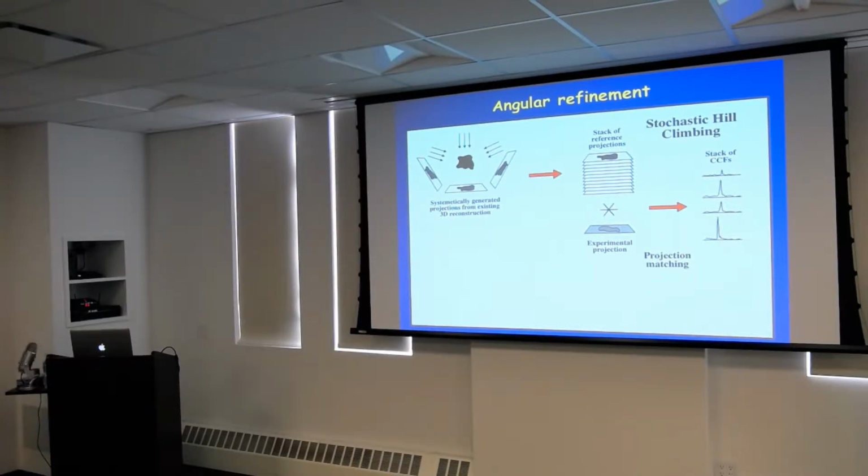So the beginning is exactly the same. You have your reference stack, you compare it to your experimental projections, and then you get your cross-correlation curves. But now what you do is you go and see what the correlation is. You go to the next one, this is bigger, so this is better. And you go to the next one, this is less. So now you say, okay, this one is better than this one, so this is now going to be my correlation. This is going to be the parameters that I give to this projection.